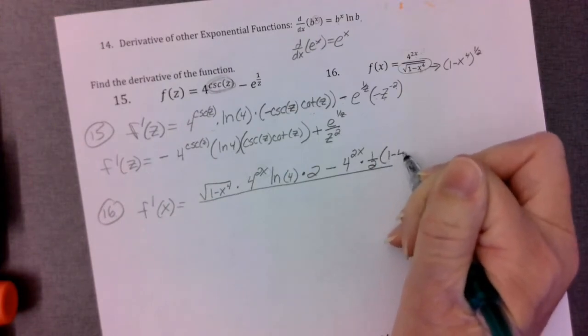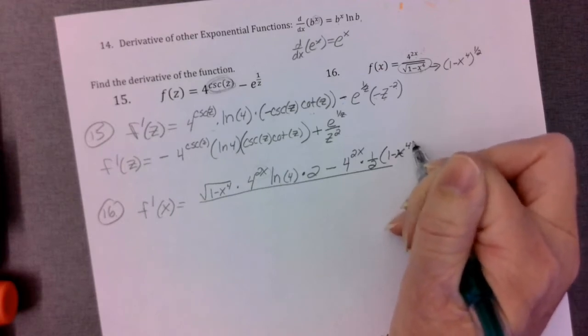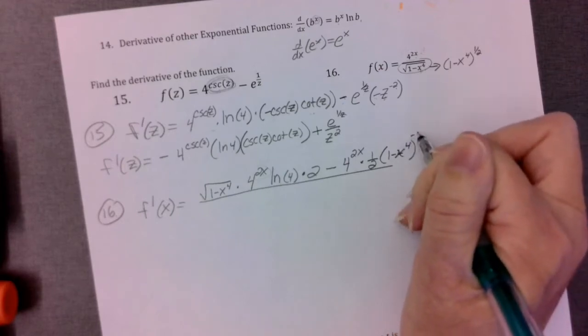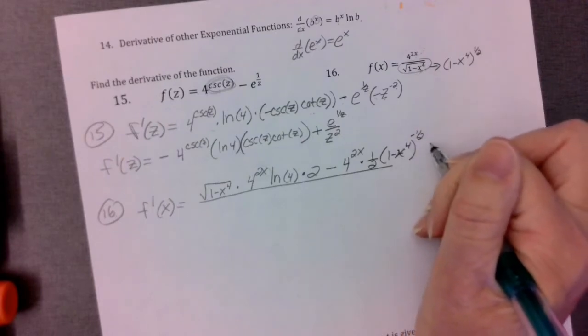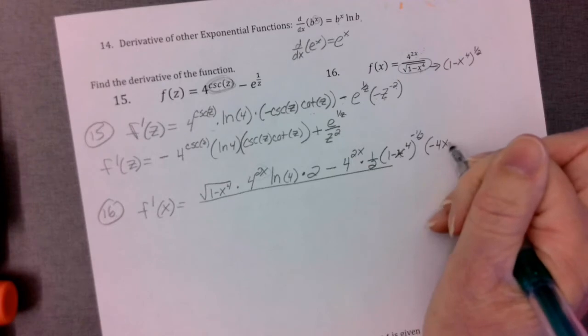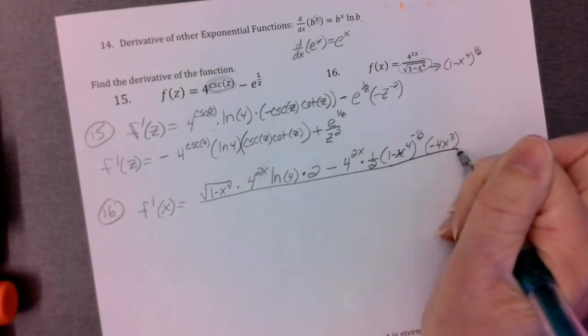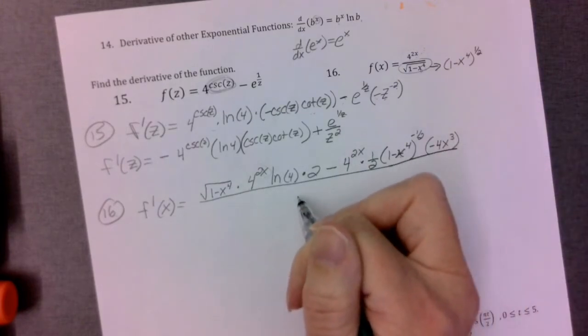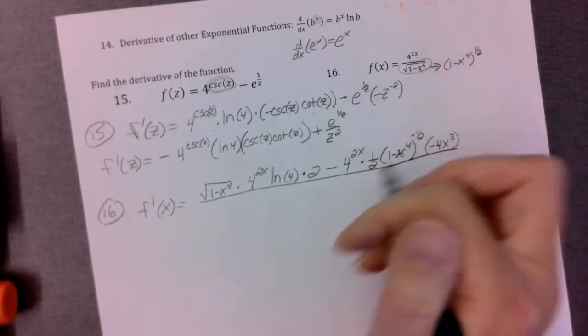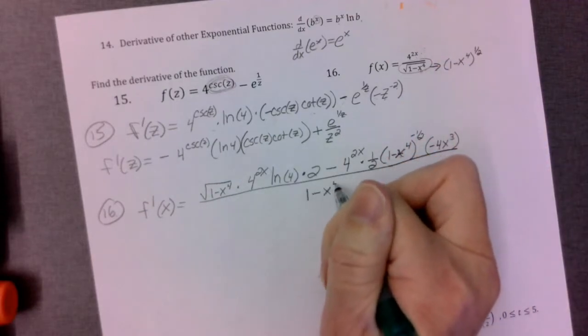Keep the inside the same to the negative 1/2 times the derivative of the inside, negative 4x to the 3rd. All over low squared, we have 1 minus x to the 4th.